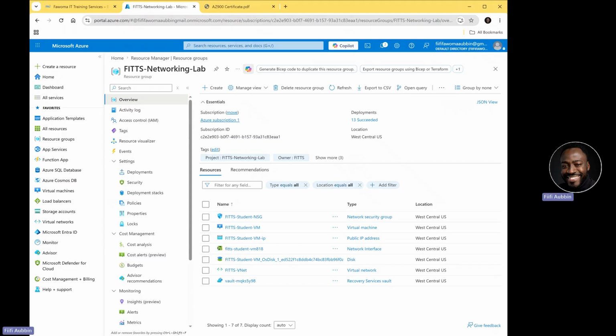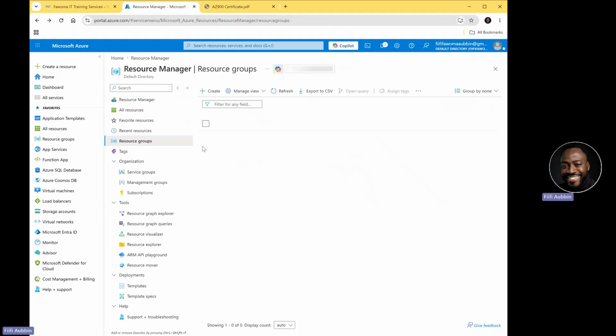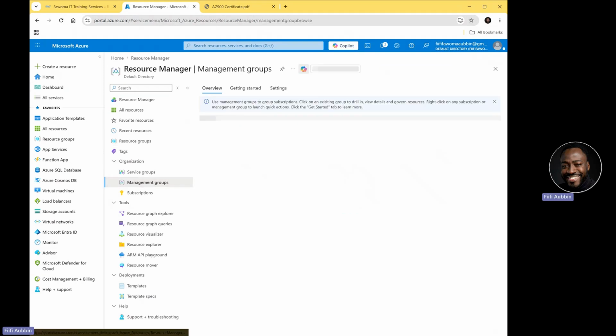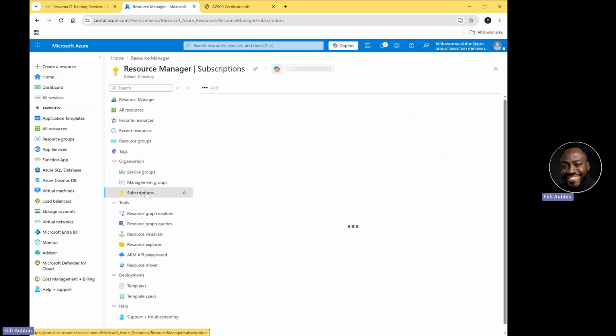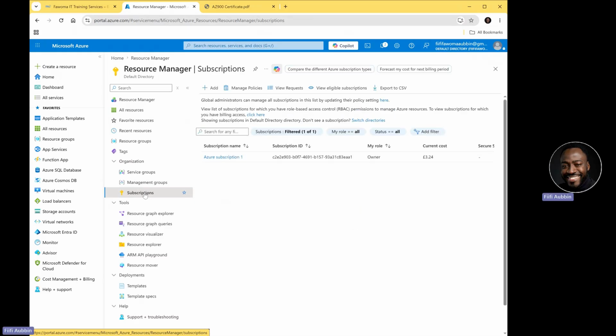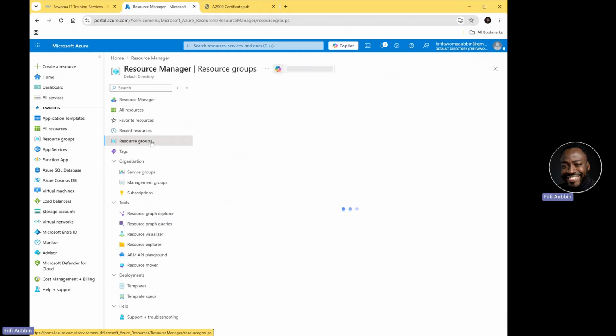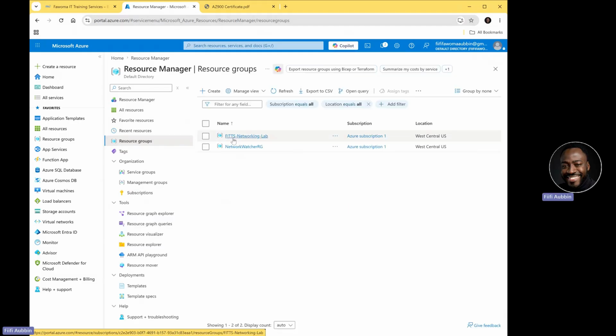So we're going to put everything together and connect everything we've just learned. If we start from the very top, so I'm going to go back, we have our management group called the tenant root group. And inside the management group is my Azure subscription. Does that make sense? And inside the subscription, I've got my resource group called the Fit Networking Lab.